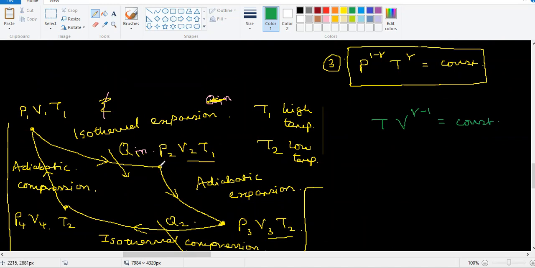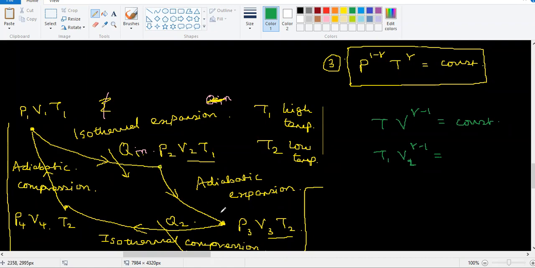Now if I apply it for this adiabatic expansion, the temperature will change. So T1 V1 power gamma minus 1 will be the same for the next process, but the volume is V2 at this point.